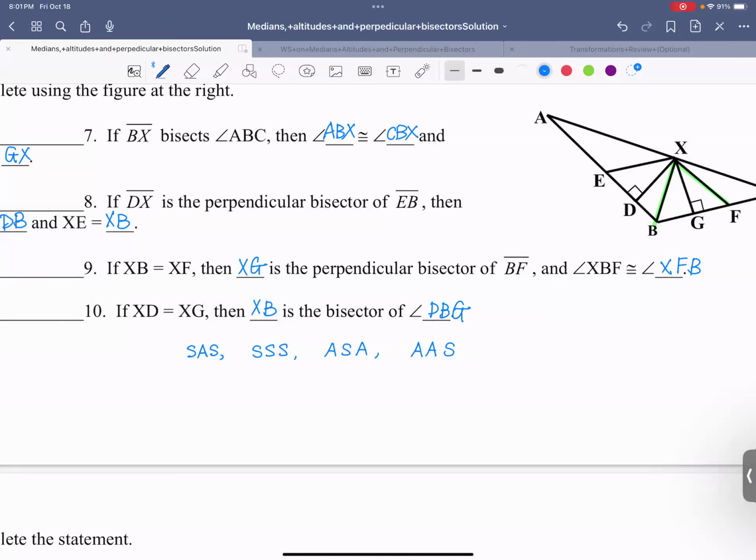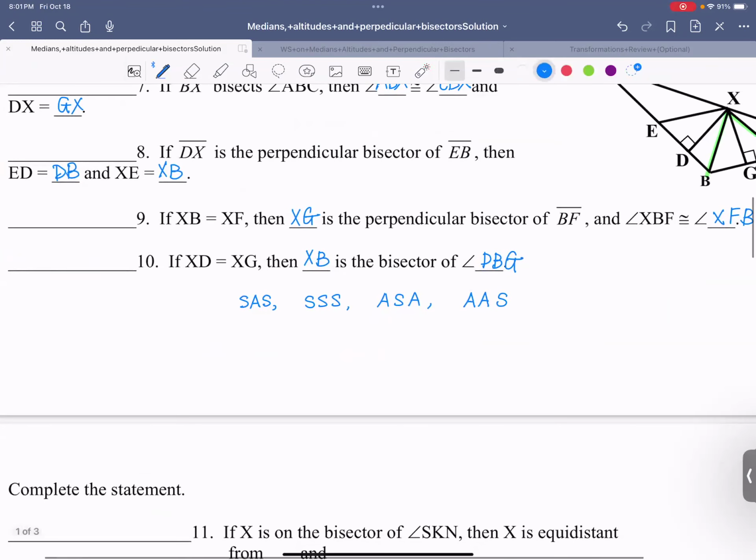We also learned the four theorems for right triangles to be congruent. Do you remember those theorems like HL? Elizabeth, do you remember the four theorems to prove two right triangles to be congruent?